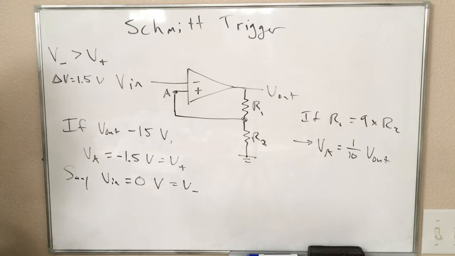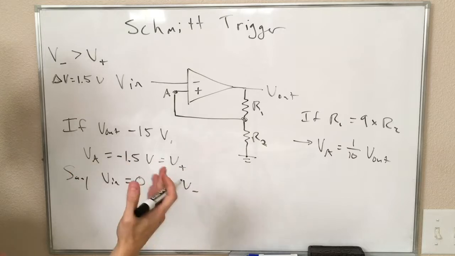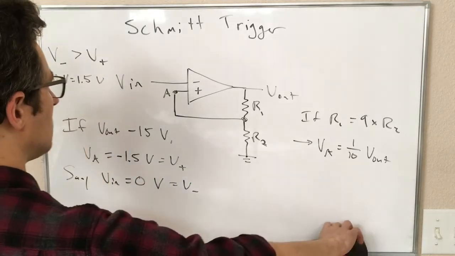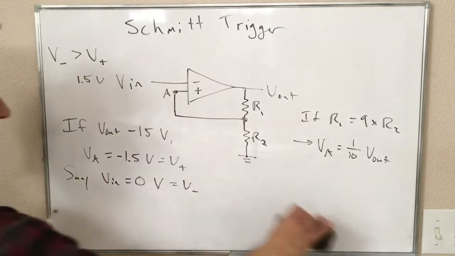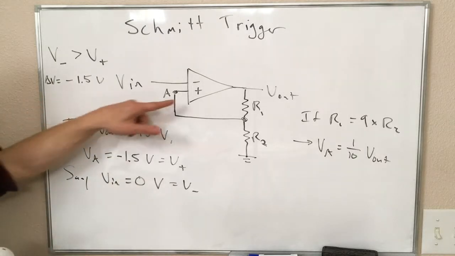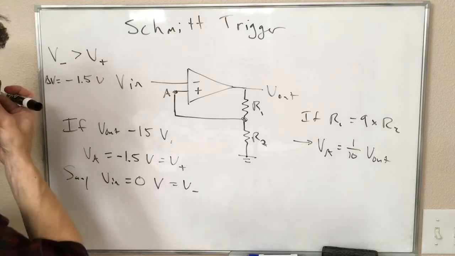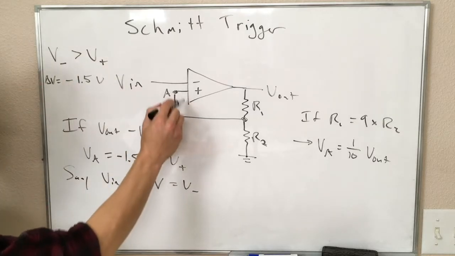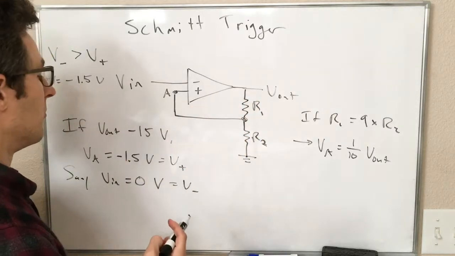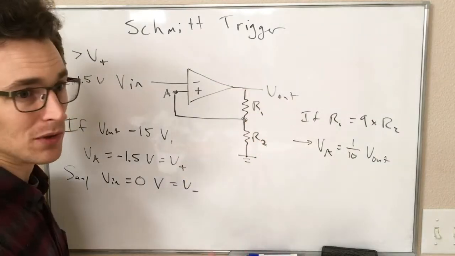So delta V should be minus 1.5 volts. If the open loop gain of our op-amp is big, 10 to the something, that means that this voltage difference at the inputs is going to be multiplied by some big number to give us the output voltage, and that is going to be big enough that Vout is going to be at that maximally negative value.